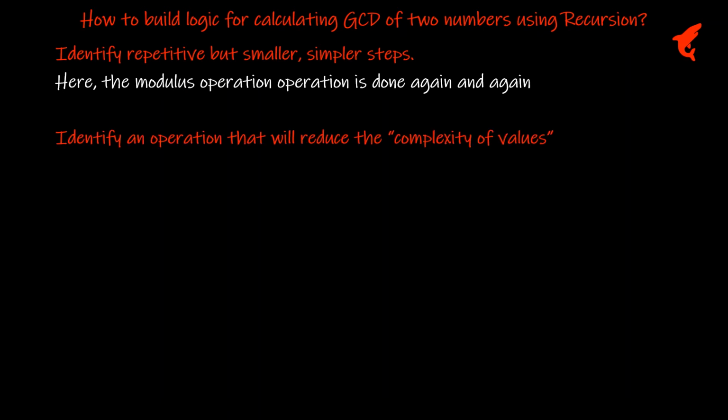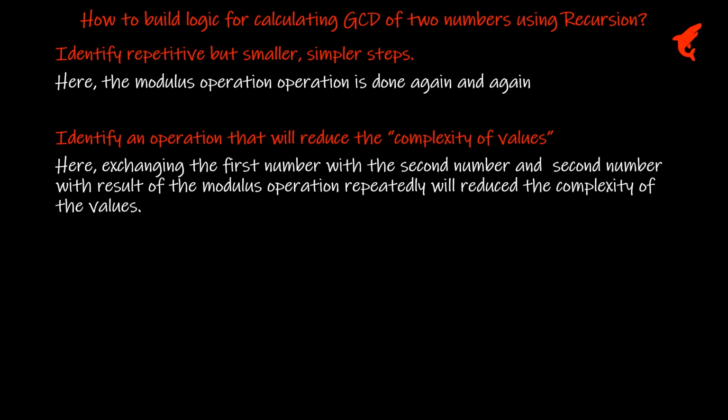And the second thing which we need to do is identify an operation which reduces the complexity of values. Okay. So what we did was a modulus operation, and after doing it, the first number was assigned the value of the second number, and the second number was assigned the value of the result of the modulus operation, and with these two new assignments the modulus operation was again performed, right?